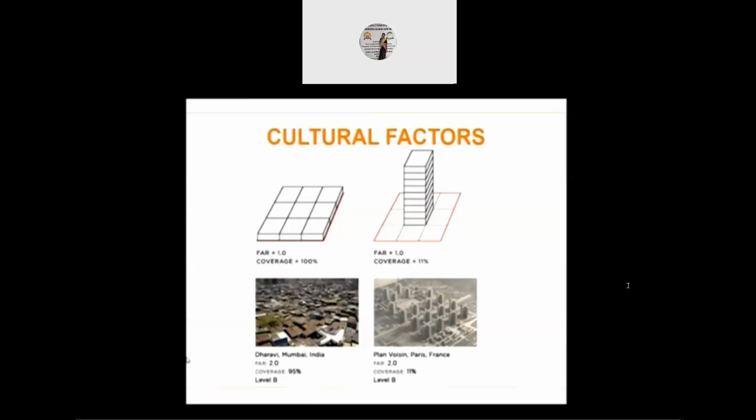It is the same. So if you see, there's two different images, which is two different sites. So FAR is 1.0, which means coverage is 100%. So the same is being adopted in Dharavi, Mumbai, which uses coverage of almost 95%, which means just 5% of open space is being provided for walkways.